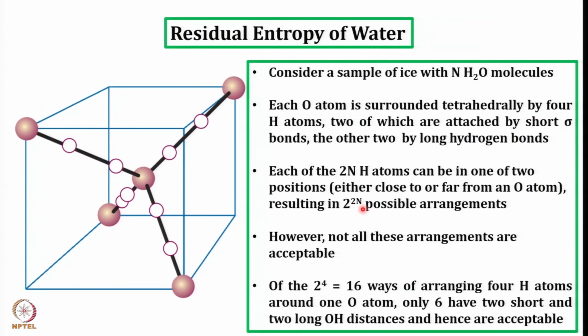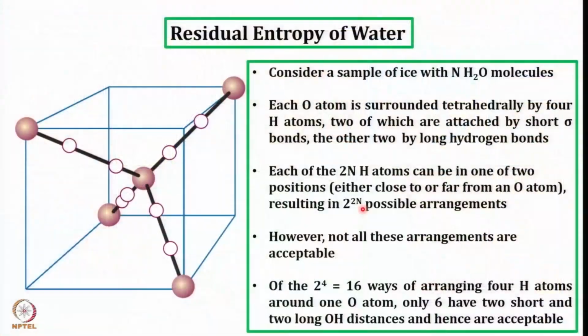In the past also we have talked about constraints. You remember when we derived the Boltzmann formula, we had to bring in the total number of molecules constraint and the total energy constraint. And what is the constraint here? Out of all the possible hydrogen atoms placed around, some form shorter covalent bonds with oxygen and some form longer hydrogen bonds with the oxygen.